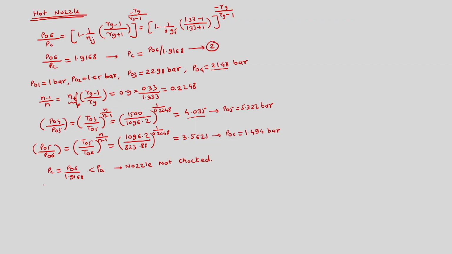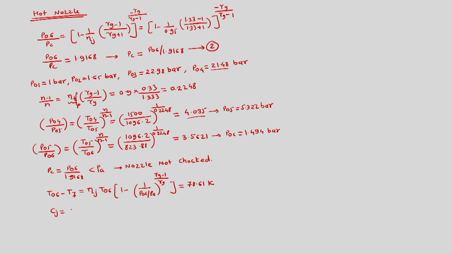So we can go ahead and then find out what is the temperature drop across the nozzle. T06 minus T7, which is eta j into T06 into 1 minus (1 upon P06 divided by Pa) bracket raised to (gamma g minus 1) upon gamma g, and then putting all the numbers, this will turn out to be 78.61 Kelvin.